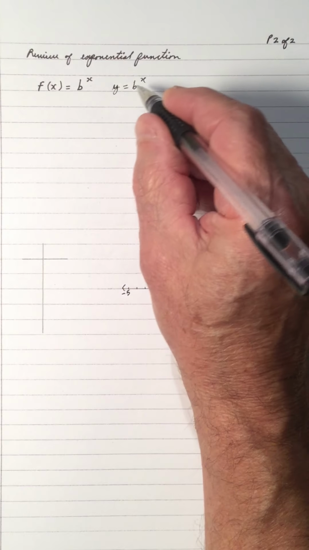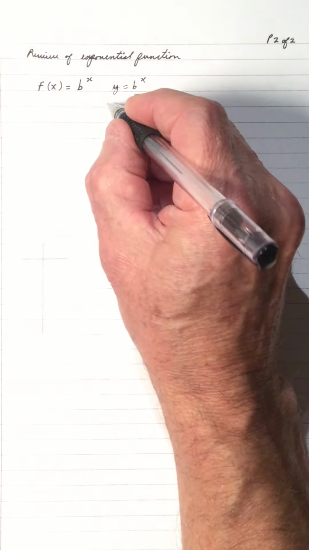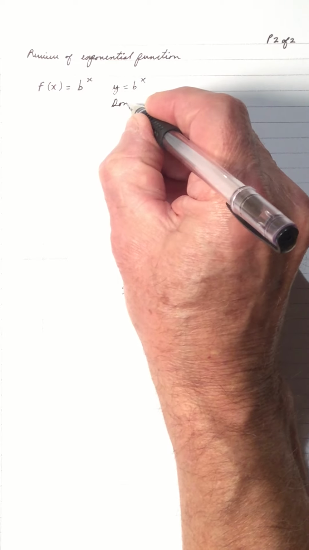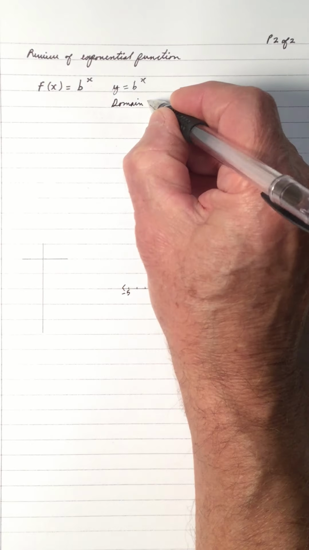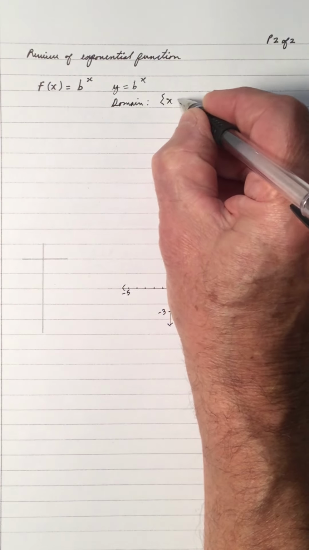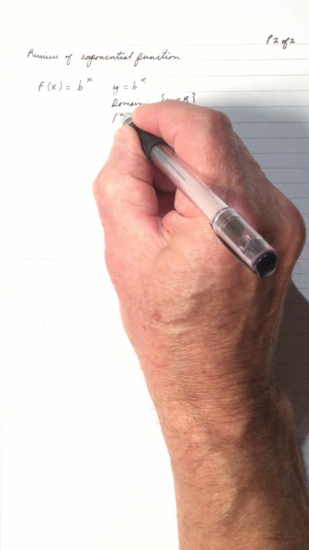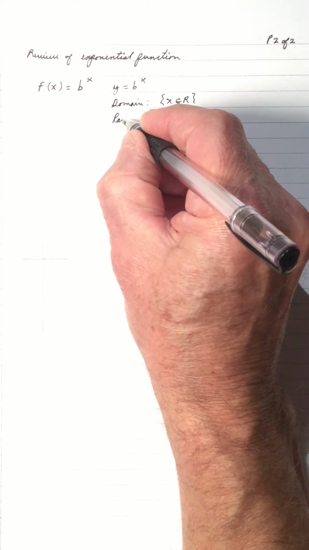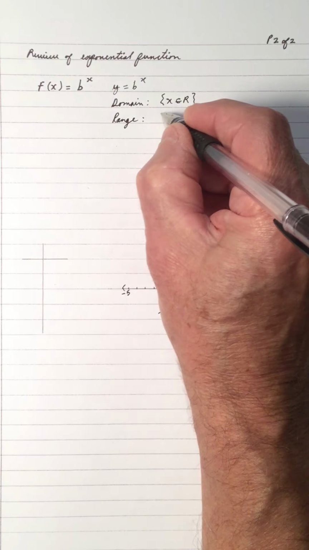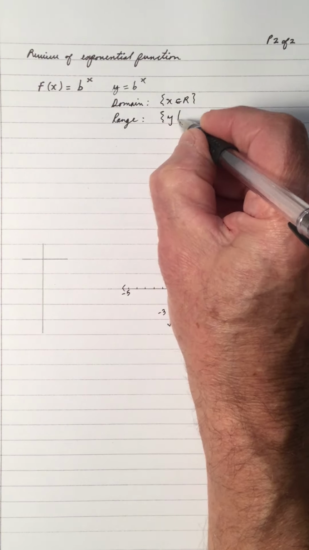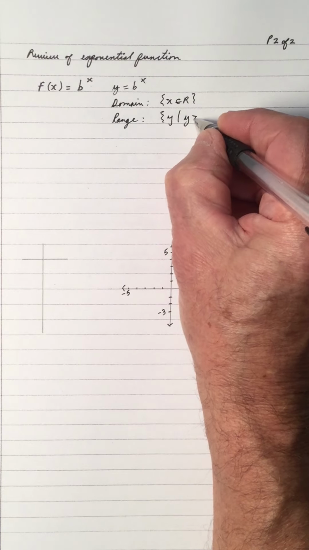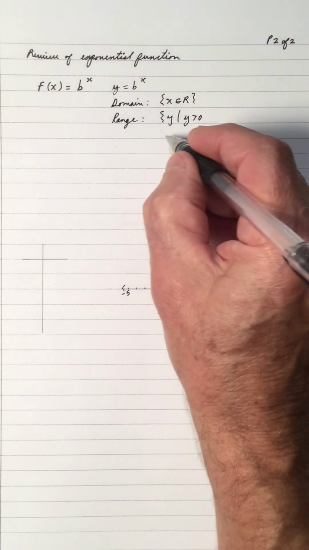And in the exponential function, your domain is the x's, so your domain is all real numbers in terms of x. The range is the y values, and the y value is the set of all y such that y is greater than 0.